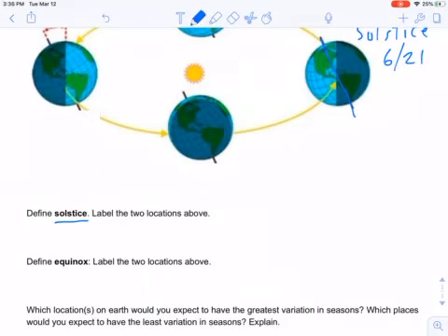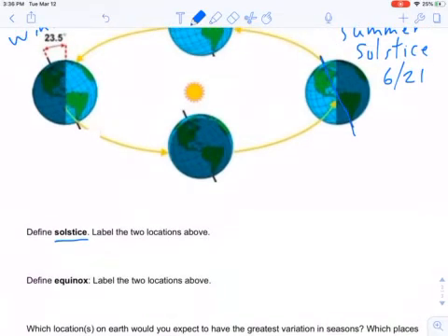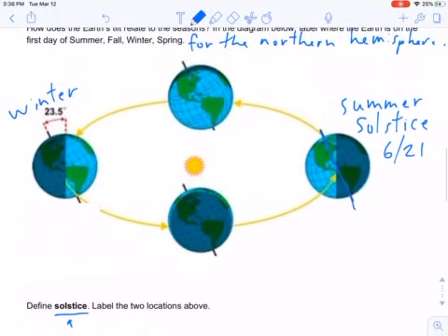And I will take this moment to also say that solstice is the day of the longest day of the year, which is the first day of summer, and the longest night of the year, or the shortest day of the year, which is the first day of winter. So if we fast forward 3 seasons from the first day of summer, we get to the first day of fall, which is September 21st.